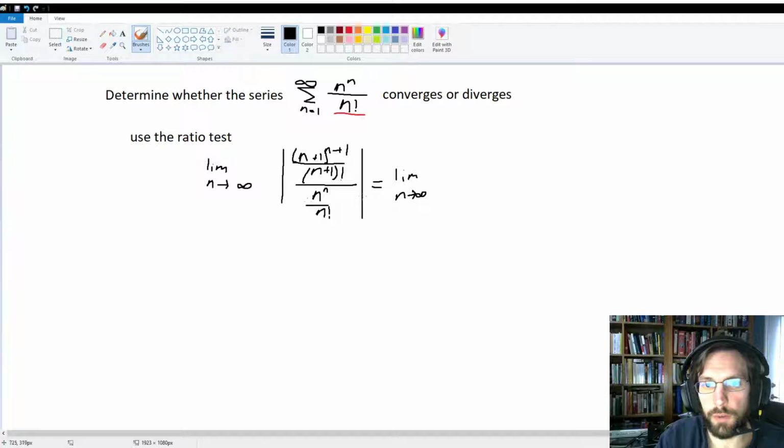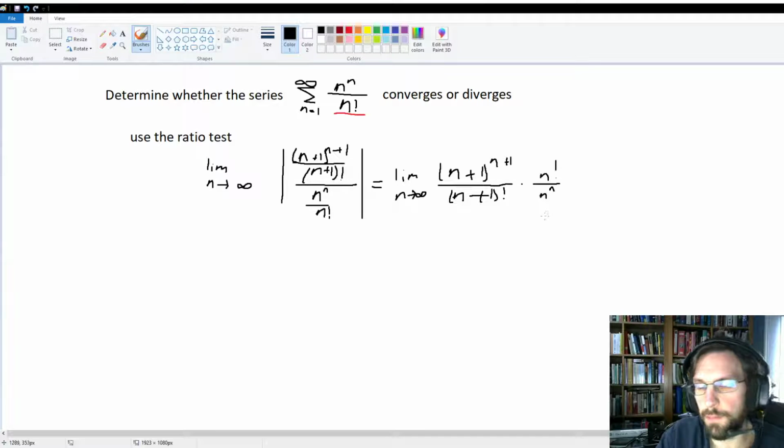Then we can rewrite this by multiplying by the reciprocal of the denominator, so that's (n plus 1) to the n plus 1 all over (n plus 1) factorial times n factorial divided by n to the n.